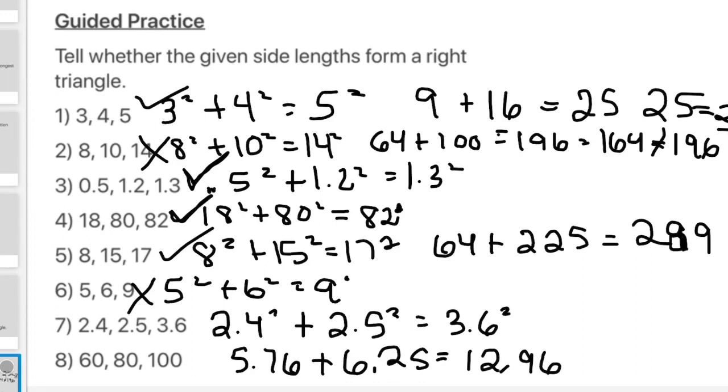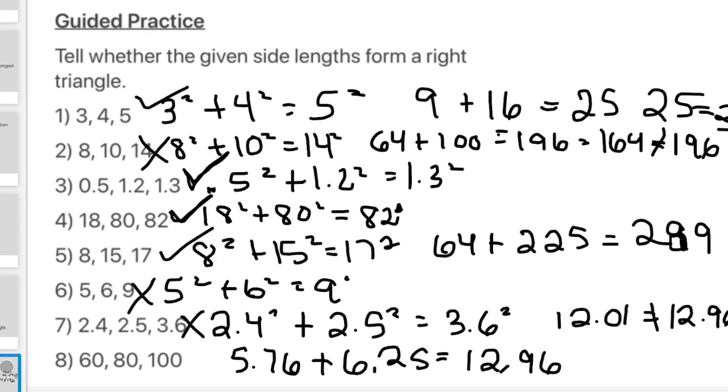So we have 5.76 plus 6.25 equals 12.01, which does not equal 12.96. So this does not form a right triangle.